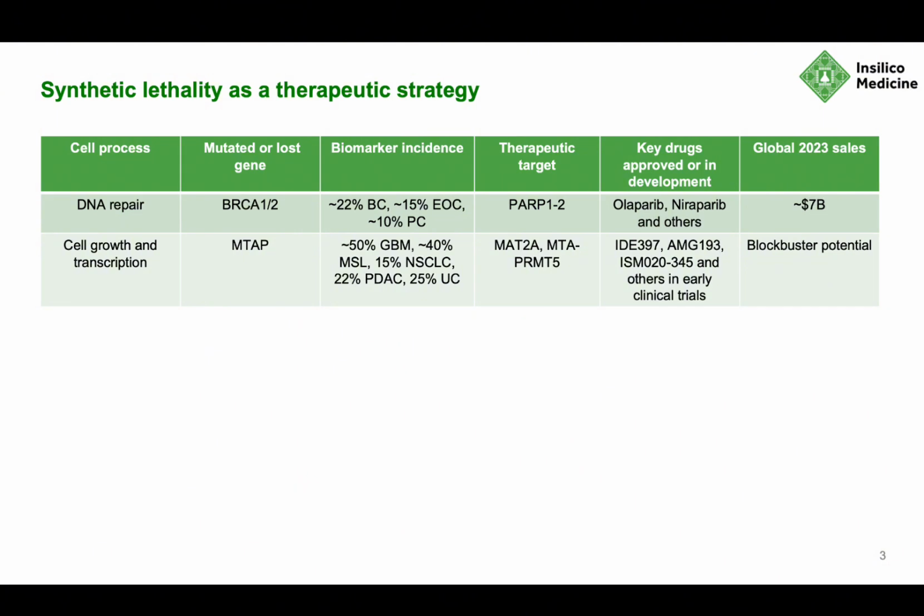Some of the drugs being developed in this space include entrants from IDEA and Amgen, as well as some earlier stage drugs from in silico. Based on the prevalence of MTAP deletion, this may be the largest synthetic lethality opportunity identified so far. And so it is expected to have a large benefit across a broad number of patients.